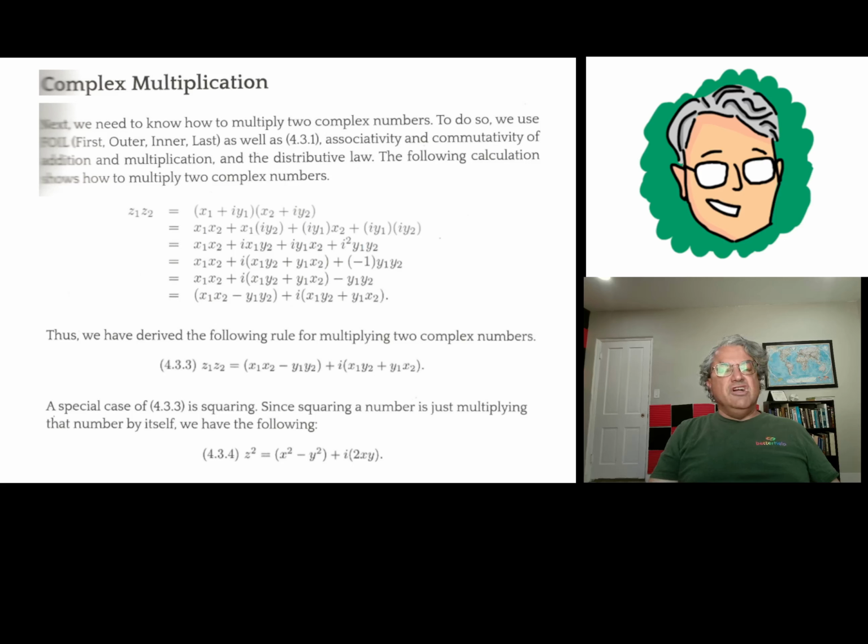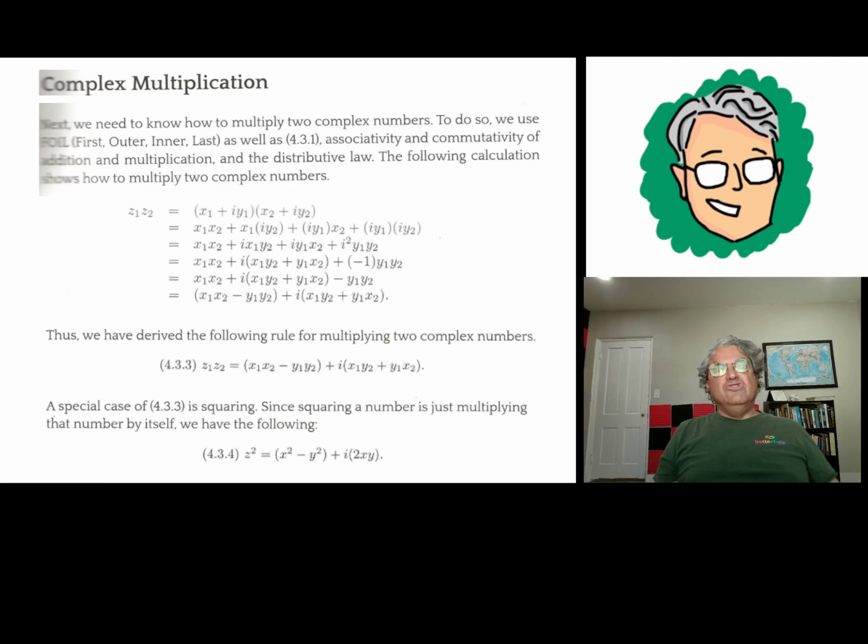What if we're squaring a complex number? So z squared. Suppose we have an arbitrary complex number z equal to x plus iy, and we want to square it. Well, you could again derive it from scratch using FOIL, but we don't have to do that, since this is just a special case of the formula we just derived. So, if we apply this formula, remember now we only have one x and one y.